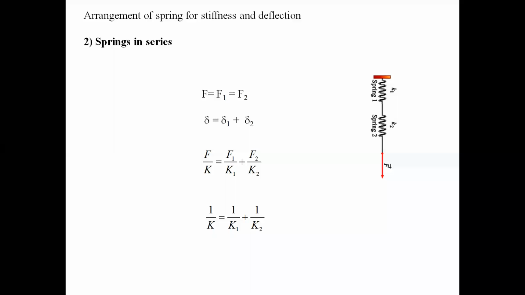So when the springs are in series, the reciprocal of the stiffness of the equivalent spring, 1 by K, is equal to the sum of the reciprocals of the stiffness of the connected springs. In this case, you can see that the stiffness is reciprocated. So 1 by K is equal to 1 by K1 plus 1 by K2 plus 1 by K3, and so on up to n number of springs if they are in series.